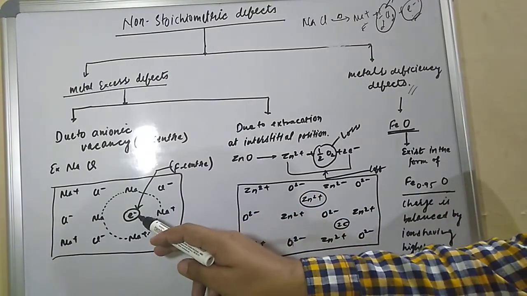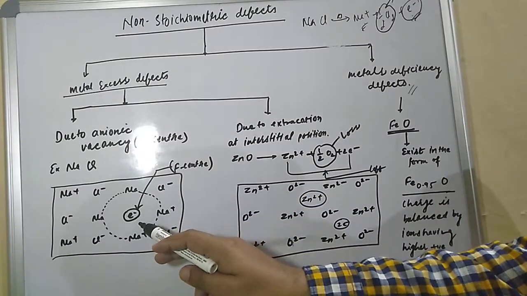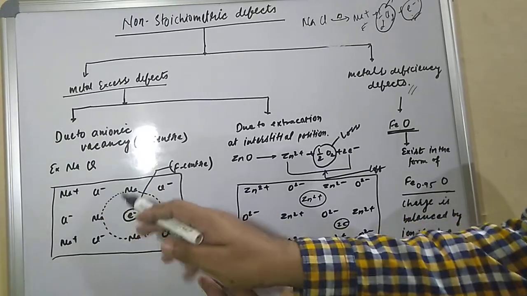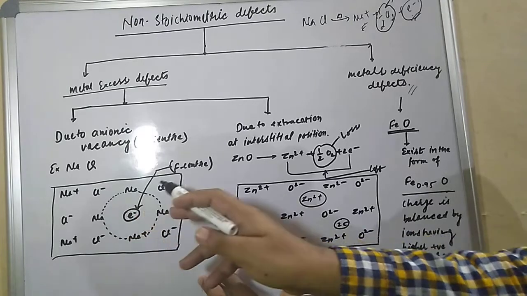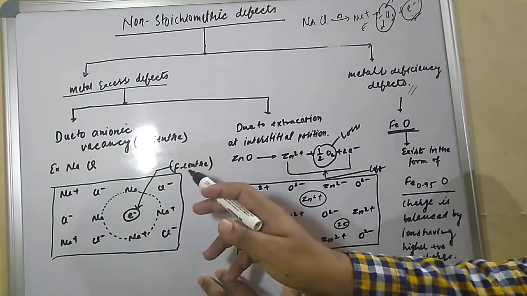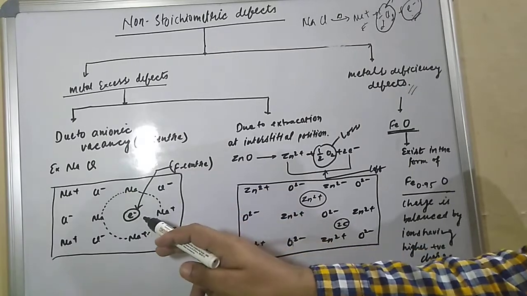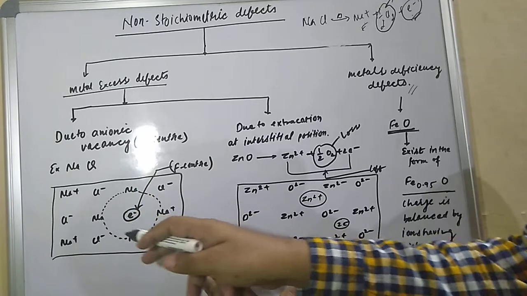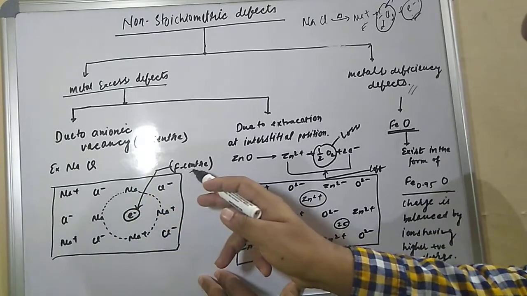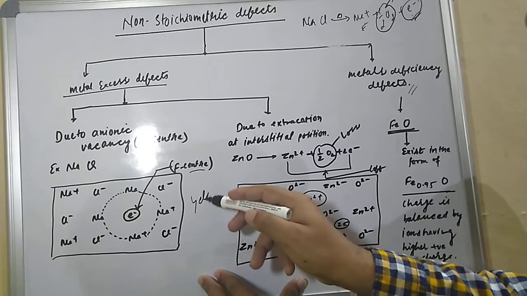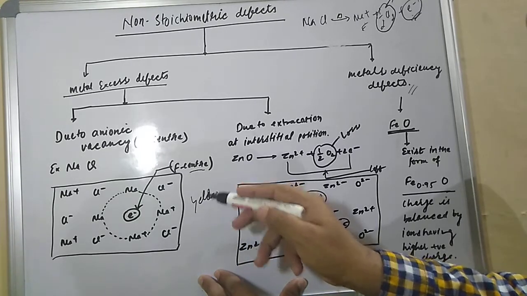One electron will be at the position of the chloride ion, and the rest of the positions will be as they are, alternately Na+ and Cl-. This electron is surrounded by extra metal atoms, and that is known as F center, and this imparts a yellow color to the solid.